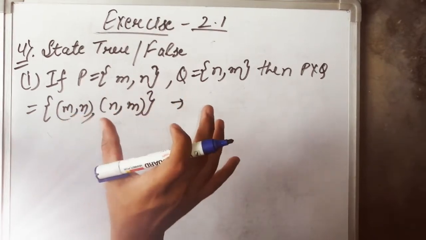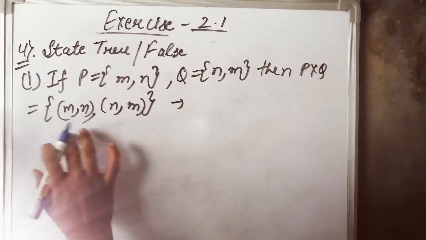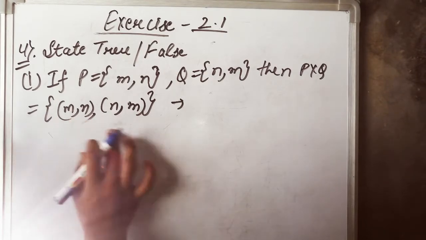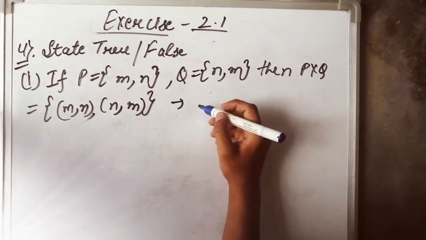The total number of elements which we have will be 8. Now here only 2 are given and this is false.